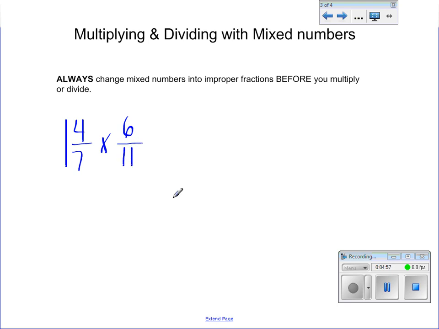Well, first I need to do 7 times 1, because I need to change my mixed numbers into improper fractions before I multiply. I can't go 4 times 6, 7 times 11, and then carry over the 1, because I'm not going to get a correct answer. 7 times 1 is 7. 7 plus 4 is 11.